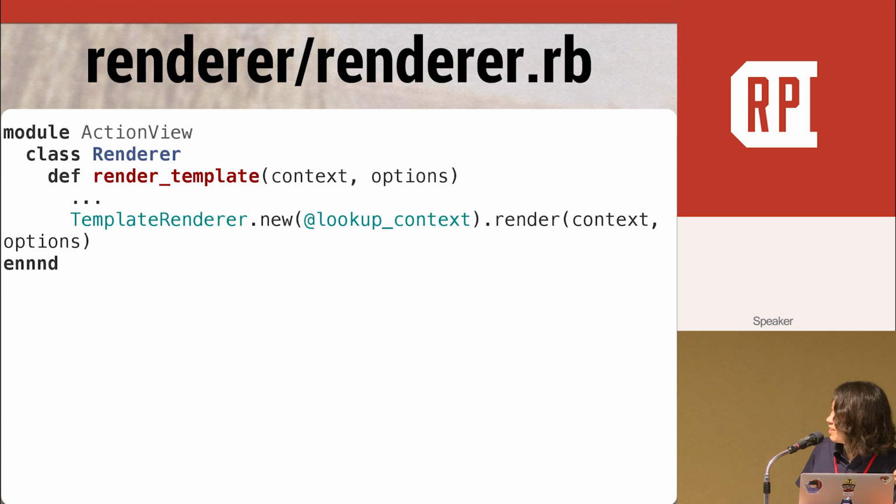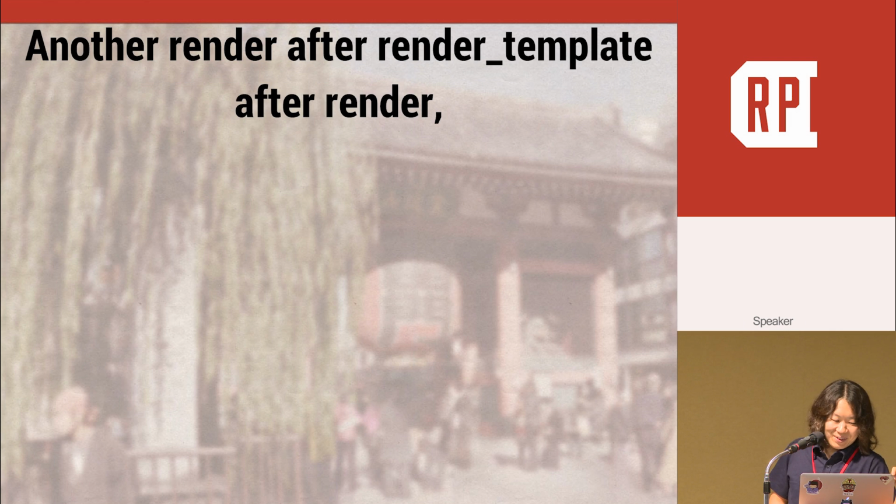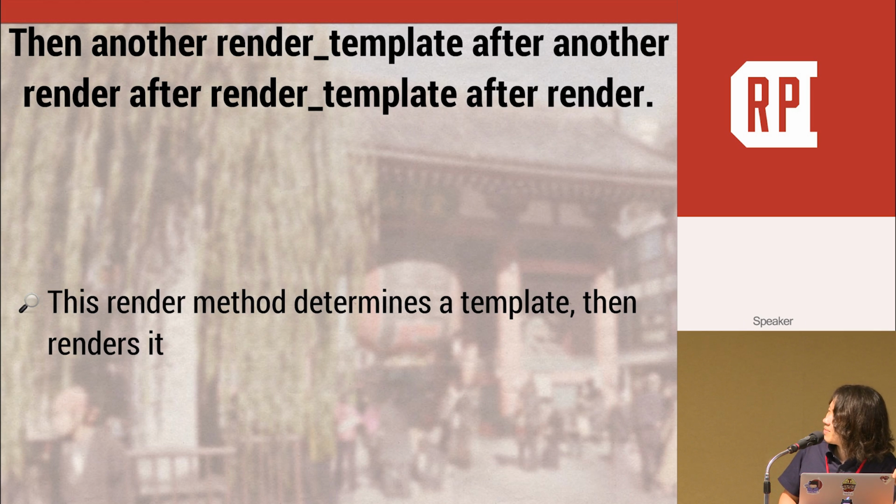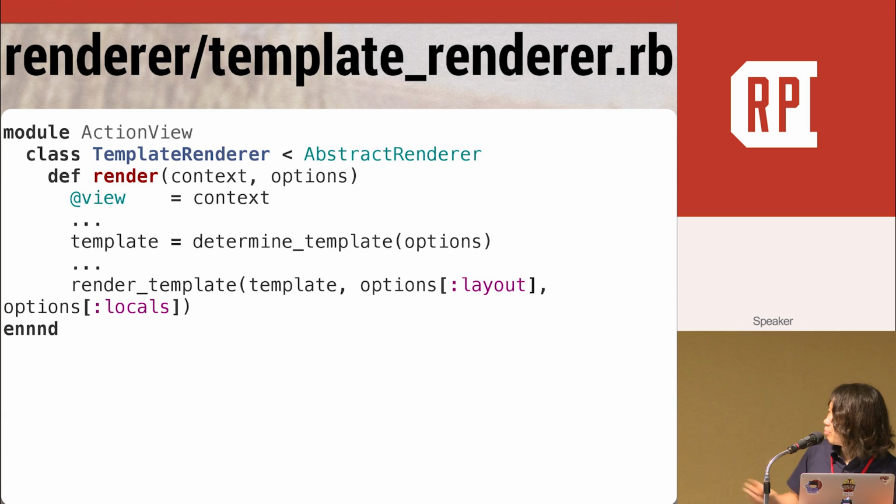So another render after render, template after render, which calls renderer slash template renderer.rb. And inside this render method, there's another render template call. So another render template after another render after render template after render. And in this render method, it determines template and renders it.